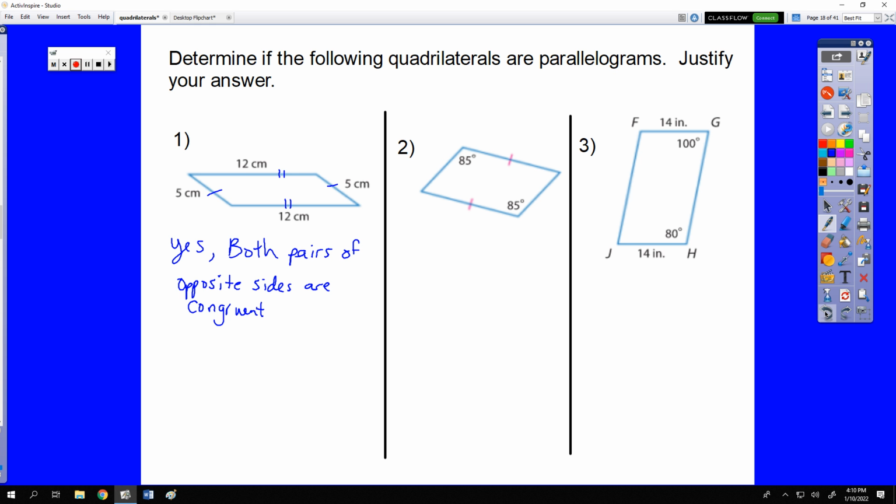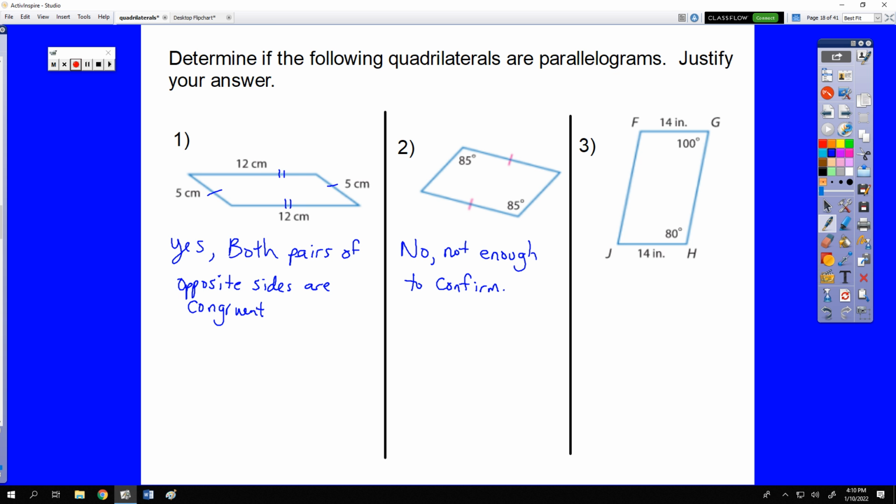And we can't guarantee, without knowing one of these 2 angles, whether or not the set of sides that is marked as being congruent is in fact parallel as well. So this would be an example of no, we simply don't have enough information to confirm. If we cannot use one of those 4 rules, our answer has to be no, because we simply don't know enough to say yes.